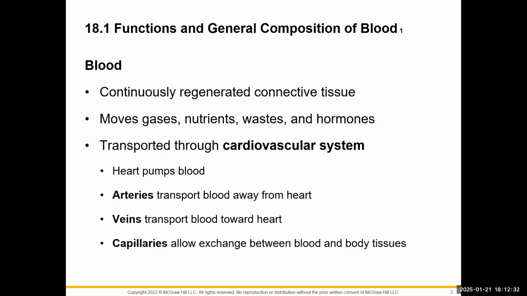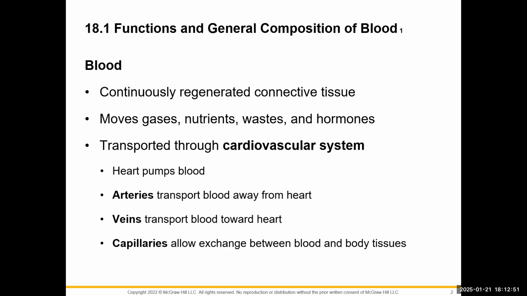Usually nutrients and respiratory gases like oxygen will exit out of your blood, and some of our respiratory waste gases, like carbon dioxide, are going to exit from the tissues into your bloodstream and circulate back to your lungs to be exhaled. So keep that in mind when we're talking about blood.